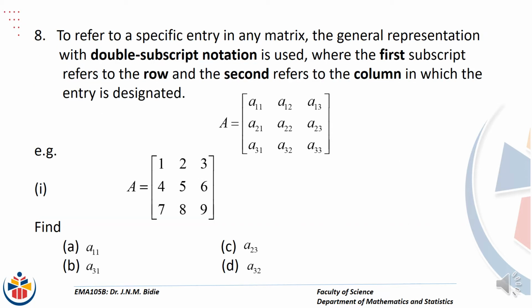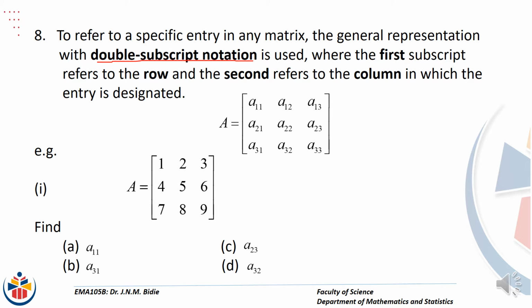Now we come to specify particular entries in a matrix. We use double subscript notation so that the first subscript represents the row and the second subscript represents the column.